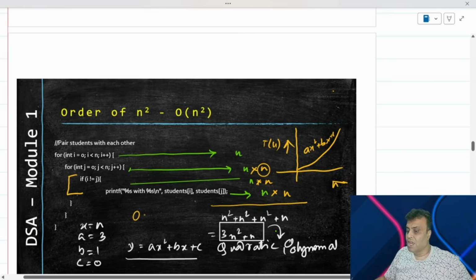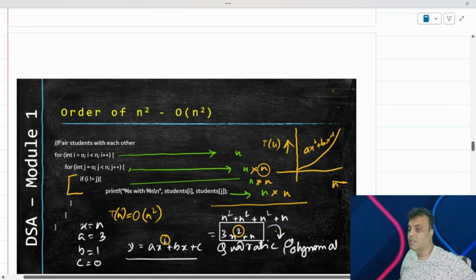The order as the highest degree of the quadratic polynomial. The highest degree is 2, so it will be order of n square. So that is how you arrive at the time complexity for this particular algorithm, which is order of n square, from what you see on the quadratic polynomial curve.